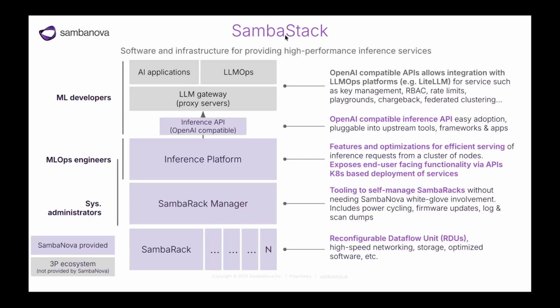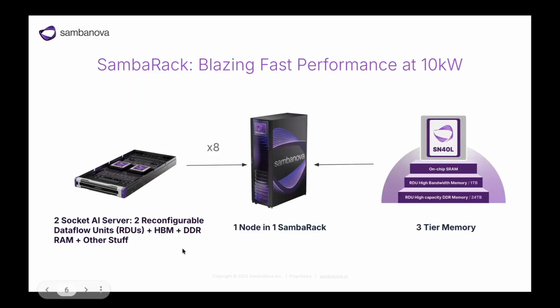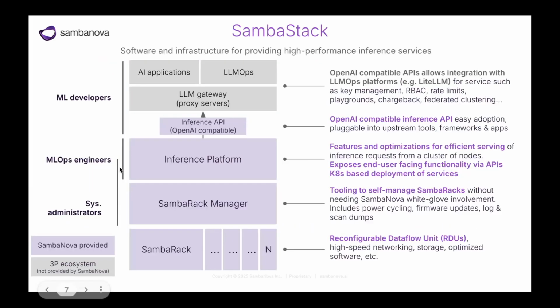The application that I just demonstrated runs in SambaStack, which is essentially software and infrastructure for providing high-performance inference services. It comprises one or more Samba racks that contain SambaNova's AI-optimized GPU alternatives called reconfigurable data flow units, among other things. Even if an application can be deployed on a single rack, having multiple racks allows you to better optimize workloads that require high concurrency.